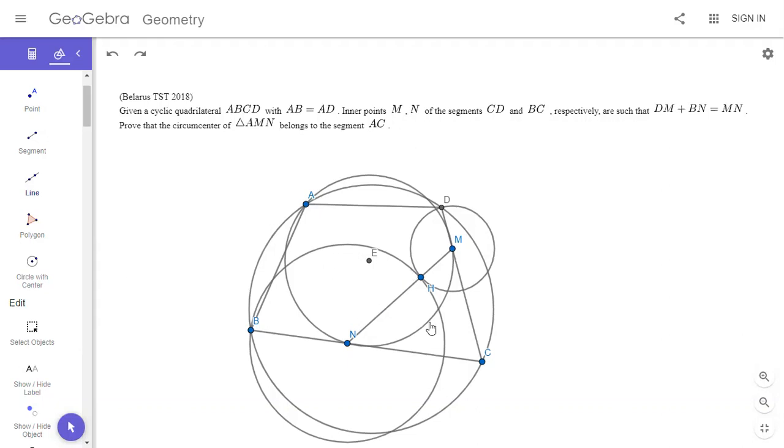So what is the, I wonder if this intersection point here is the in-center. What is the in-center of MNC? We want to show that this point is the in-center.